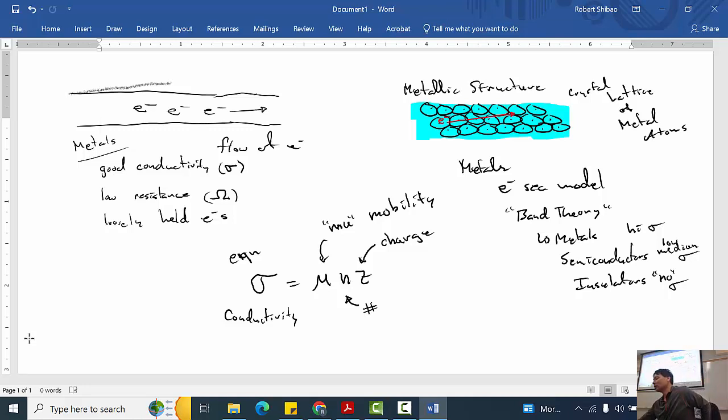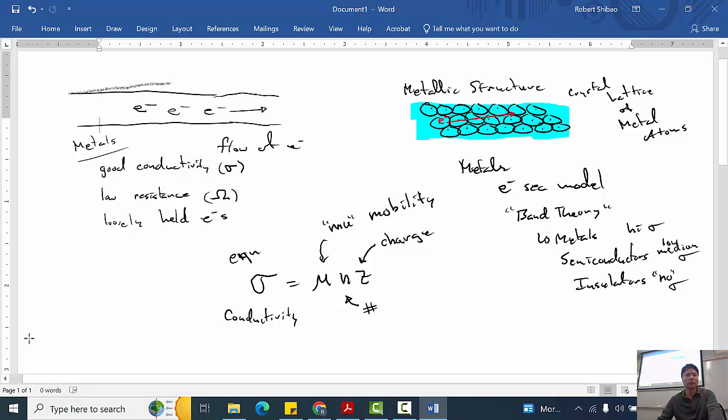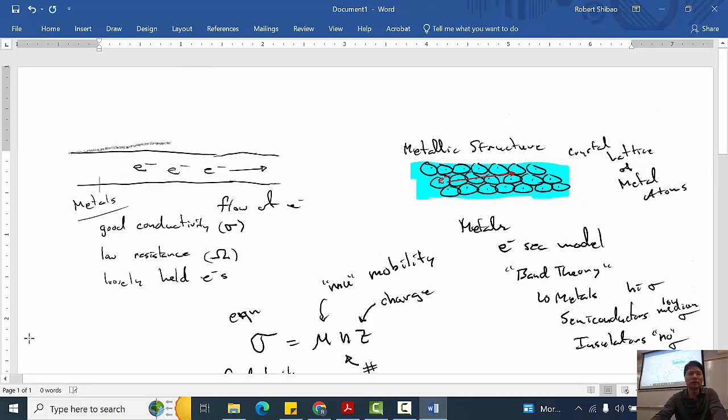And there are plenty of the loosely held electrons. So again, it gives good conductivity. Look how bright that bulb is. I forgot to do this one thing. Let's see if I can still do it.